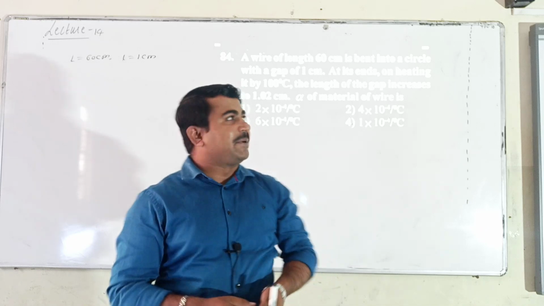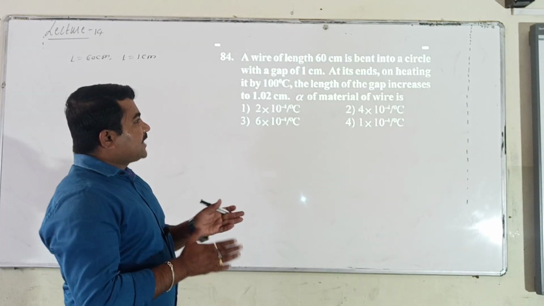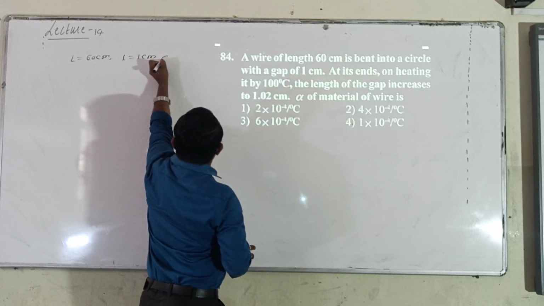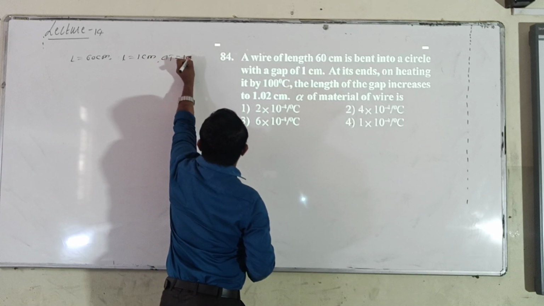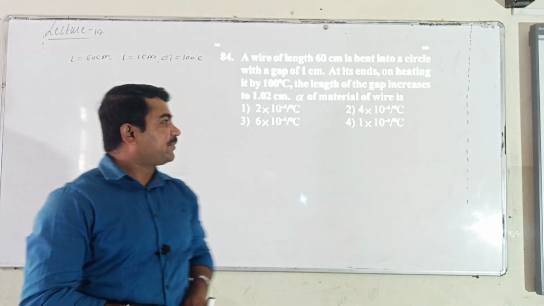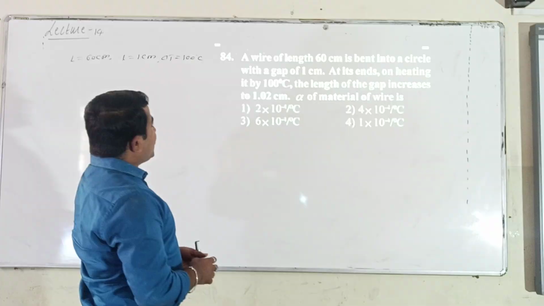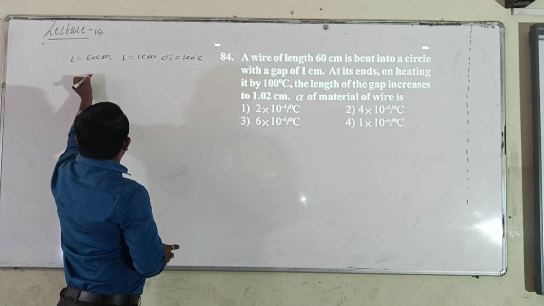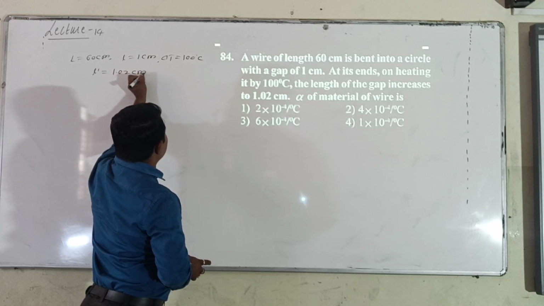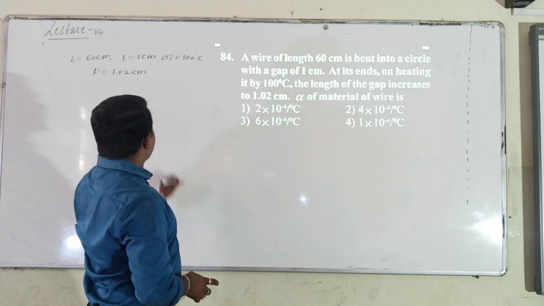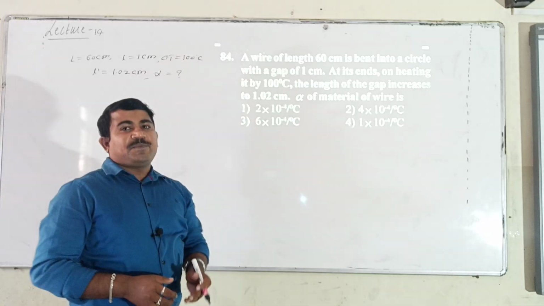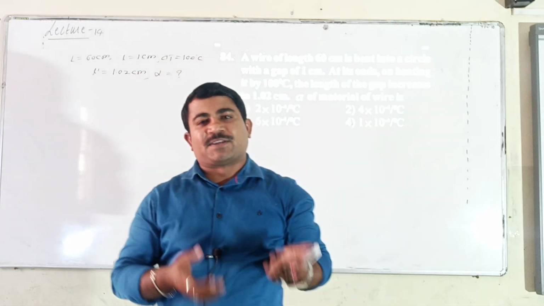At the end, on heating by 100 degrees Celsius, there is a change in temperature of 100 degrees Celsius. The length increases to L dash, which is found to be 1.02 centimeter. Then alpha of the material, I need the coefficient of linear expansion.